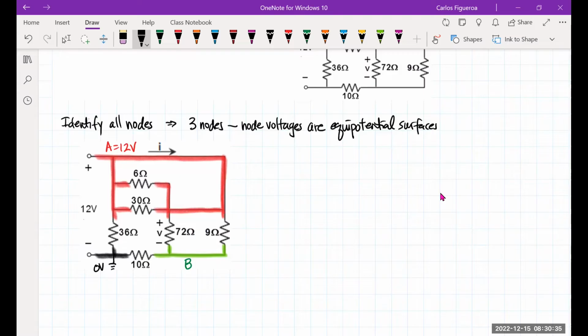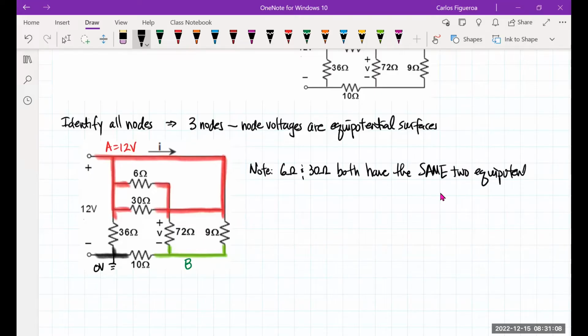Both ends of those resistors have the same equipotential, which means that there's no height change and therefore their voltage is 0. So I would say note the 6 and 30 ohm resistor both have the same 2 equipotentials. In other words, their voltage is 0.